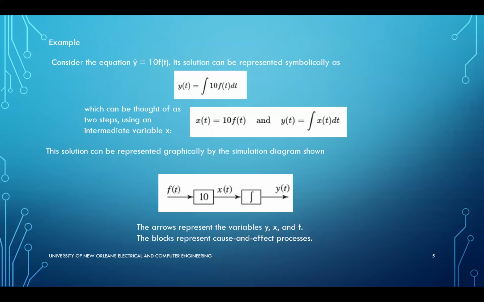The first block produces a gain of 10, and the second block implements an integration function, right? So you can see right here that we can quickly and easily represent this mathematical expression by this block diagram, right? And so understanding how we go from this equation to this block diagram is important, but you can see it's not that difficult to interpret.